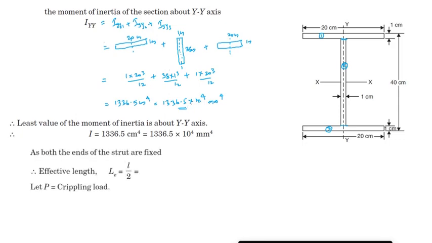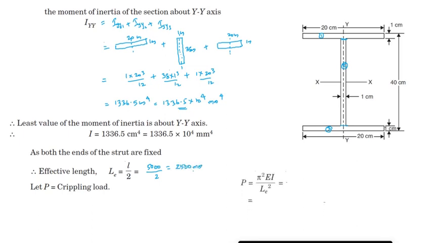In the question it is given the strut, both the ends are fixed. So effective length is L by 2, that is 5000 divided by 2, which is 2500 mm.